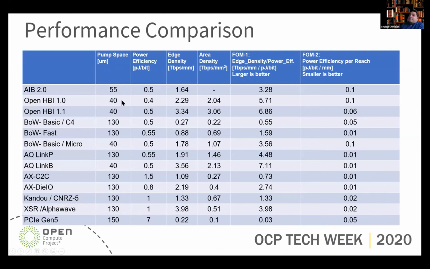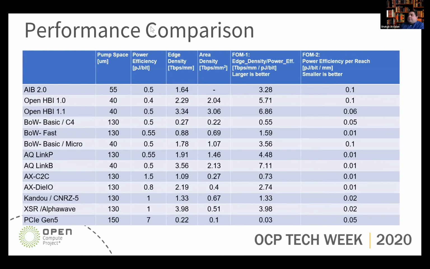I can say half of them are focused on the micro bump area, something between 40 to 55 micrometers, and the rest of them are at 130 micrometer bump pitch. BoW by itself covers, and I think AIB also, both sides, depending on the flavor that you pick, either micro bump or 130 micron pitch. This defines whether you go on a silicon interposer or a laminate organic interposer.